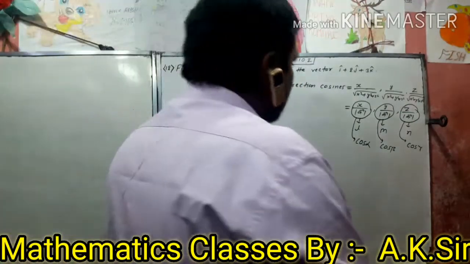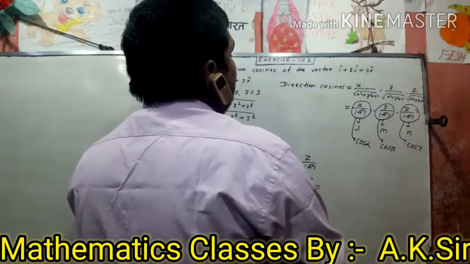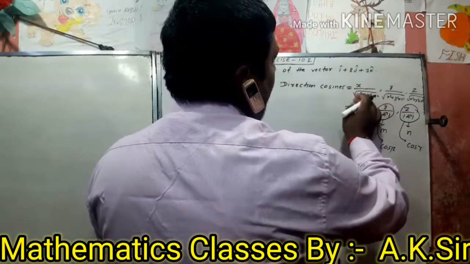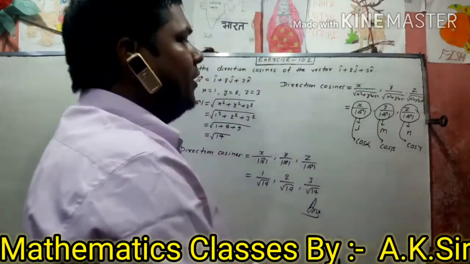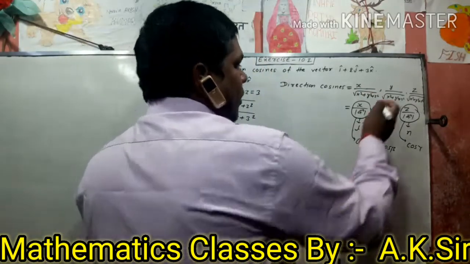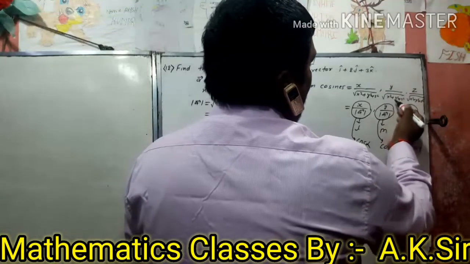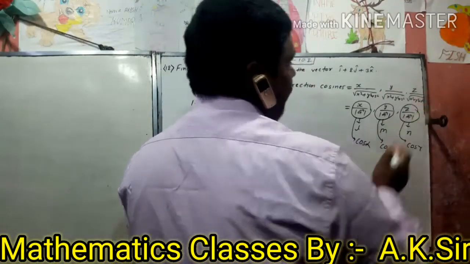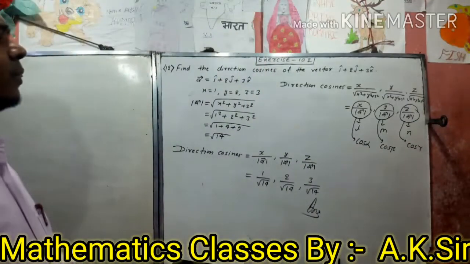If the question is asking for direction cosines, then we write direction cosines equal to x upon under root x square plus y square plus z square, comma, y upon under root x square plus y square plus z square, comma, z upon under root x square plus y square plus z square.